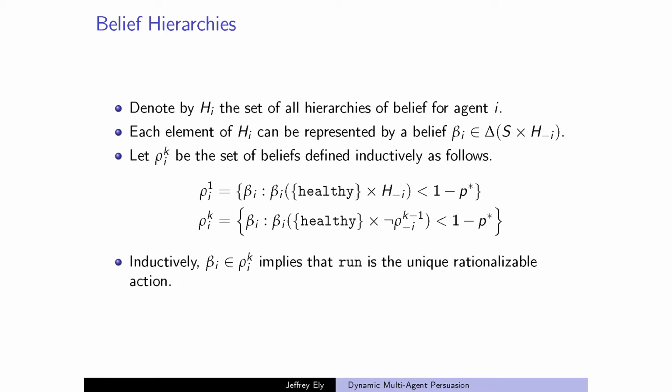So the probability of the desirable event is small, and so it's second-order rationalizable uniquely to withdraw, and so on. We inductively define sets where it's kth-order uniquely rationalizable to withdraw, and then I define rho I to be the union of all of these. Any hierarchy in that union has the property that the uniquely rationalizable action is to withdraw.